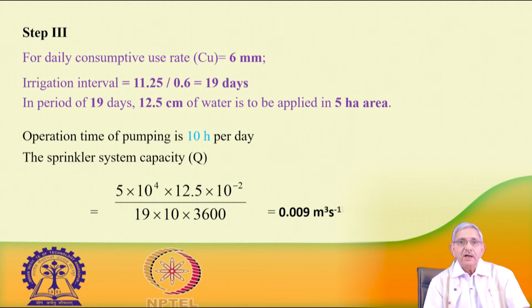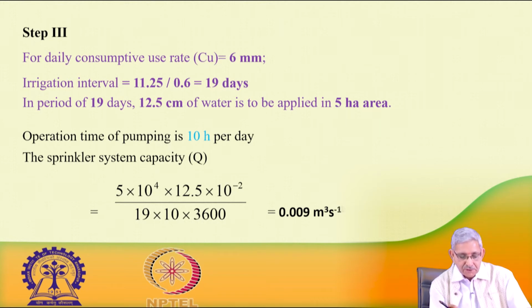Now, in a 19 day irrigation interval, we need to apply 12.5 centimeter of water in a 5 hectare area. The operation time of the pump is given as 10 hours per day, this is given in the question.